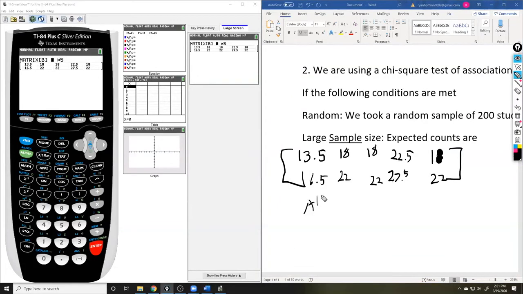All are greater than or equal to 5. So that's our large sample size.